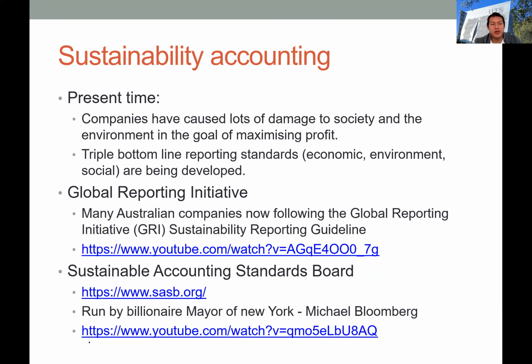If a company complies with this standard, they already comply with other standards which regulate the same thing. So the GRI standard is the most widely accepted standard for sustainability reporting or integrated reporting.